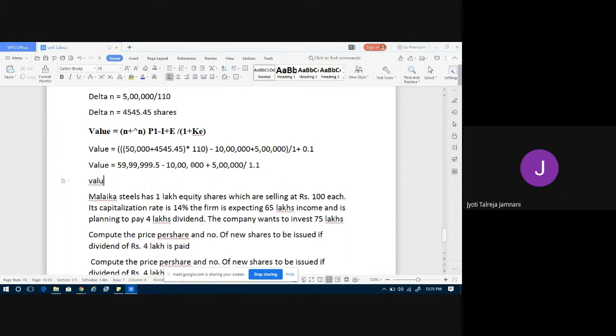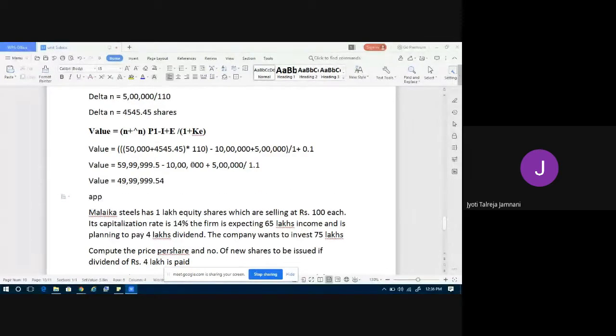So value will be equal to 54 lakh 999.5 divided by 1.1. How much do you get? 49,99,999.54, which is approximately 50 lakh.